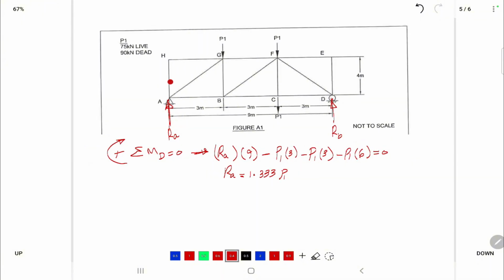Okay, so I have just found R sub A, this reaction.